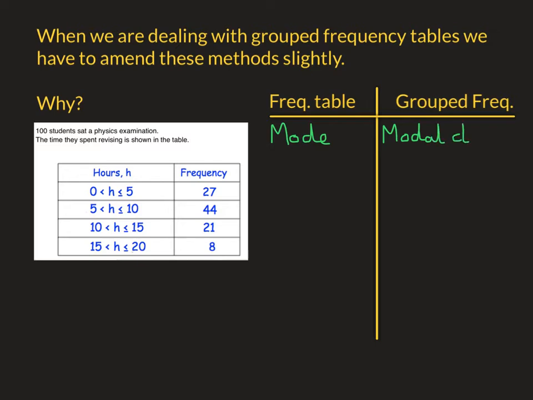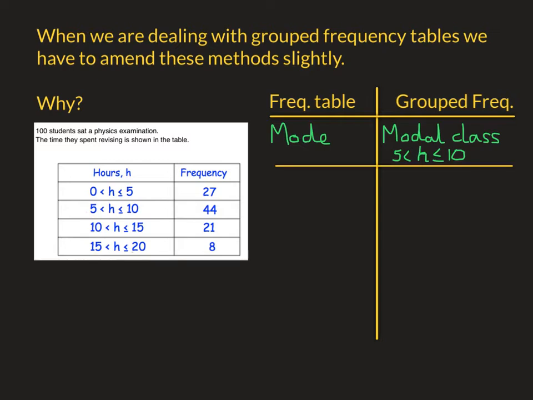Those bits of vocabulary are very similar. Even if you didn't know that, perhaps you could have had a guess. In this case, the modal class would be 5 to 10. If I wanted that in an exam, I would literally just write down exactly what's written there. That is the class with the most values in.